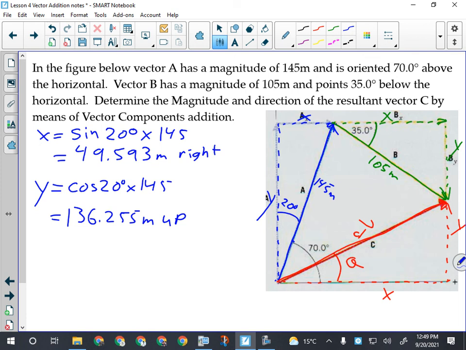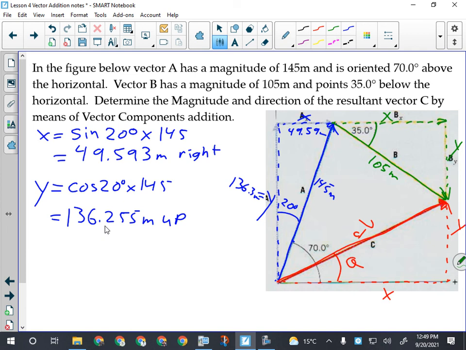All right, so now I've figured out these two sides. I know this side's 136.3. I know this side is 49.59. So I've got those two sides. Now, I need to do exactly the same thing for the green triangle.